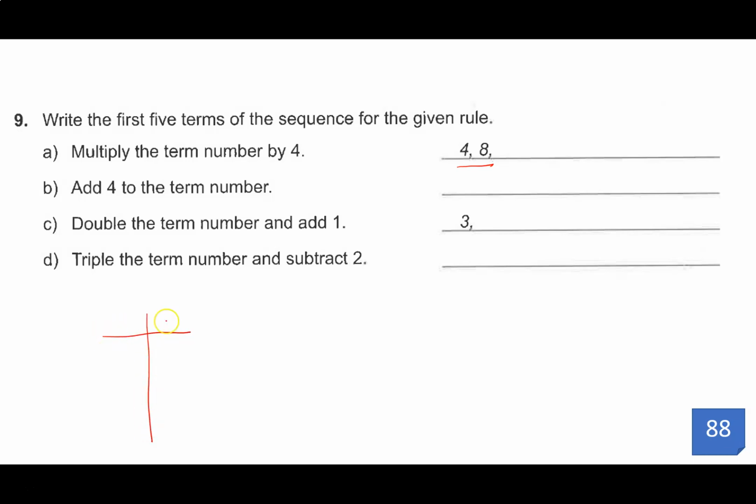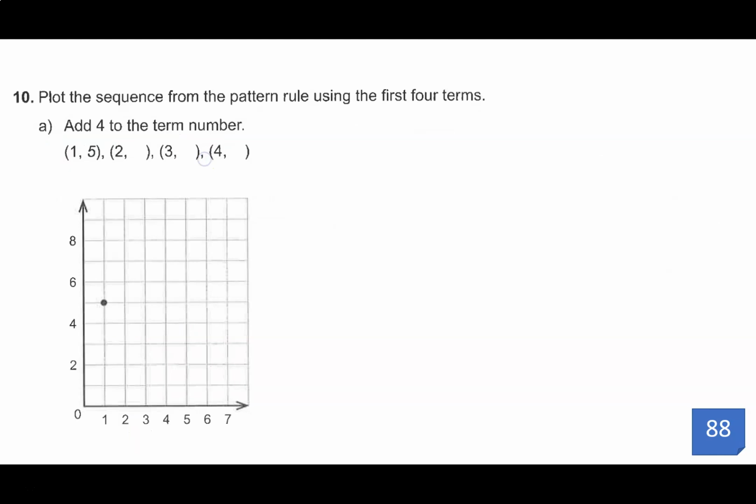So I know this is going to be my term number, and this is going to be my term. I'm asked to give the first 5 terms. So I'm going to have 1, 2, 3, 4, 5. All right. Our instruction is multiply the term number by 4.